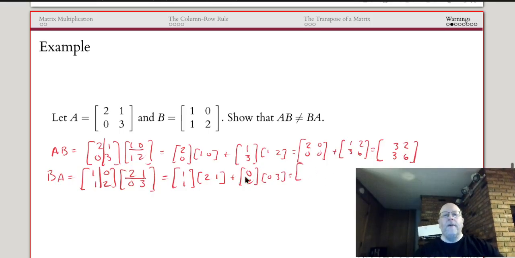And that's 2, 2, 1, 1 plus 0, 0, 0, 6. And that's the matrix 2, 1, 2, 7. And these matrices are not equal to each other. And so with matrices, the order does make a difference. We cannot just switch the order the same way we can with numbers.